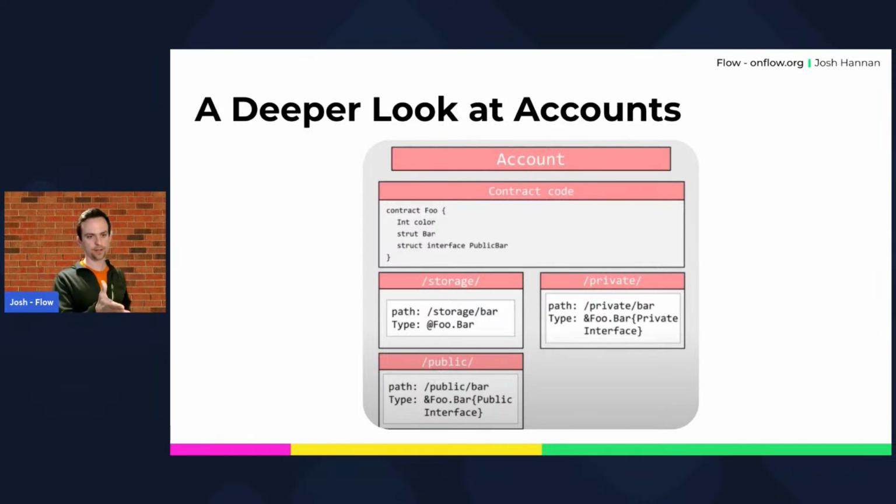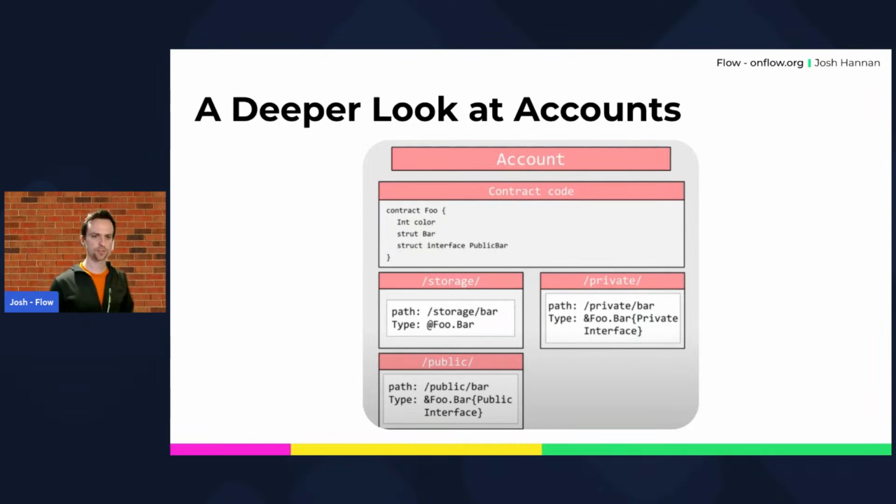A resource is represented by this @ symbol that we have next to it. So in the storage section, we have the path storage /bar, where we store the resource foo.bar. Additionally, we have these public and private sections of your account.